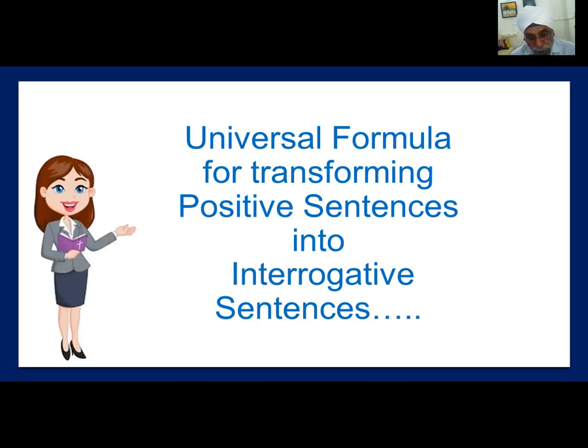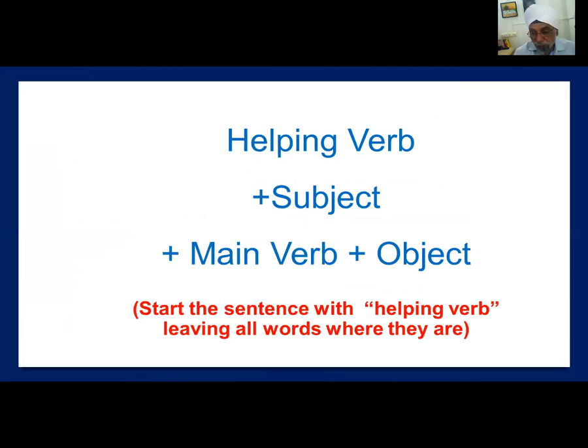So how to convert a positive sentence into an interrogative sentence? English is like mathematics. Like in mathematics, we have formulas, so in English also we have a formula. So what is the universal formula to convert a positive sentence into an interrogative sentence? Here is the formula.